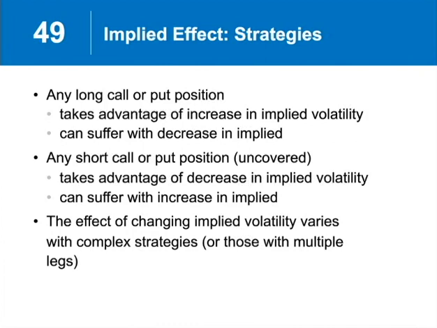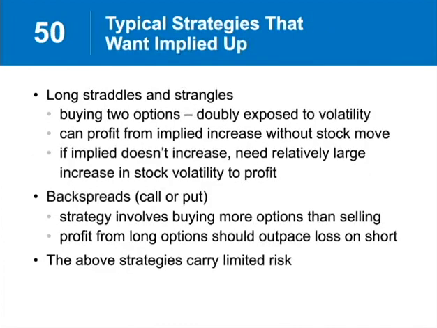So let's talk about a couple specifics. Long straddles and strangles. Let's go back to XYZ and say it's trading at $50. The straddle is going to be long the call, long the put. And if we're talking a strangle and the stock's $50, we're talking out of the money call. So let's say a 55 call and an out of the money put.